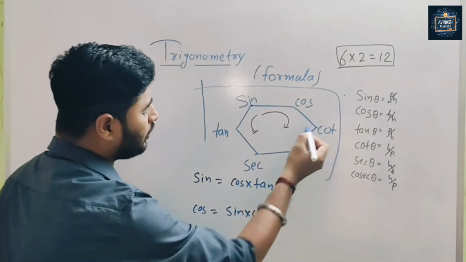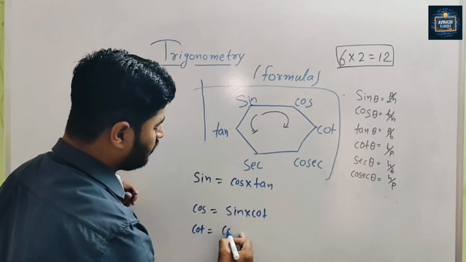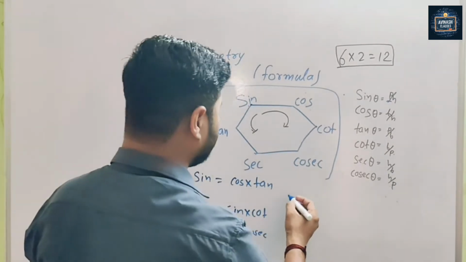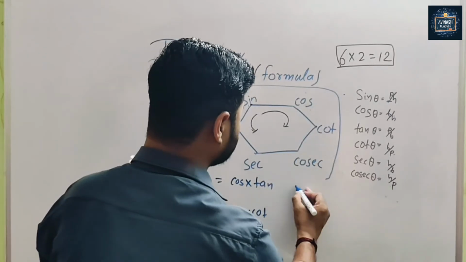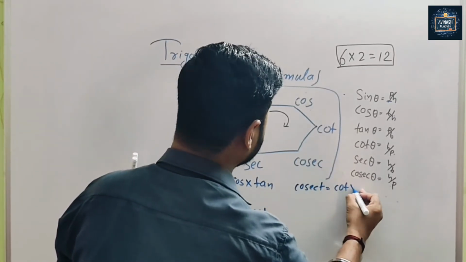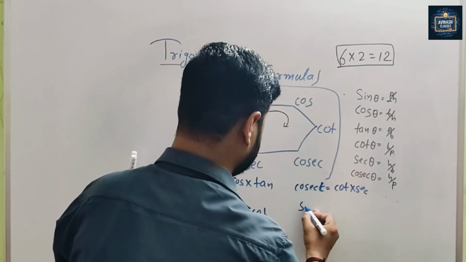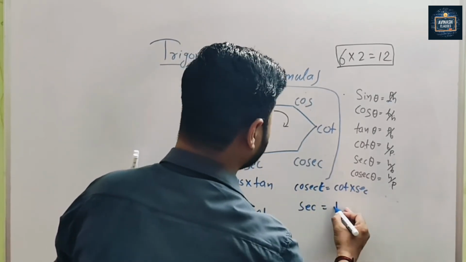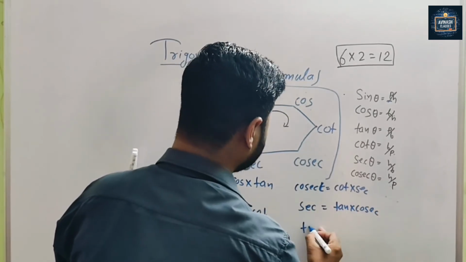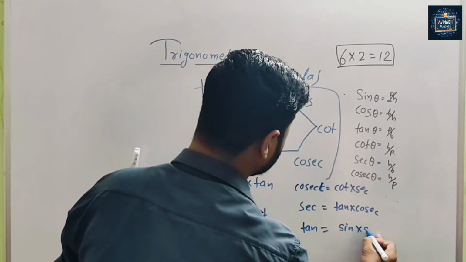If you go for cot, cot equals cos into cosec. If you go for cosec, cosec equals cot into sec. If you go for sec, we write tan into cosec. If you go for tan, tan equals sin into sec.